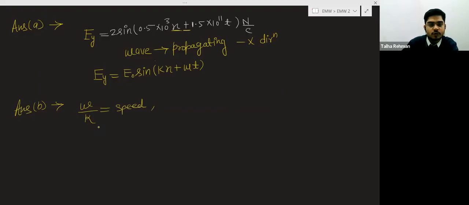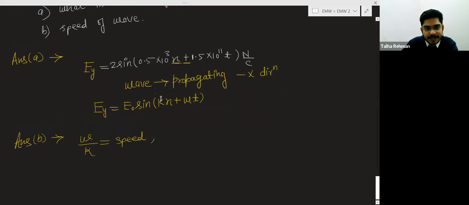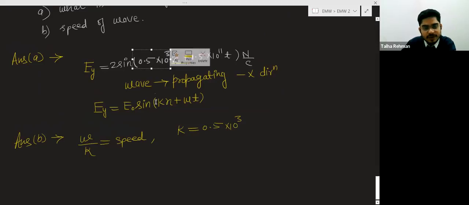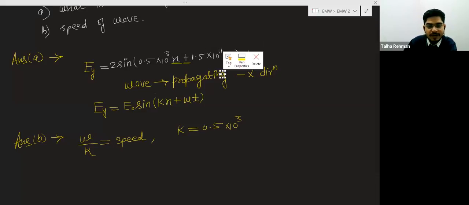Now compare kx: this value will be k, so k is 0.5 into 10 to the power 3. This is kx, and this is omega into t, so omega is 1.5 into 10 to the power 11 radian per second.